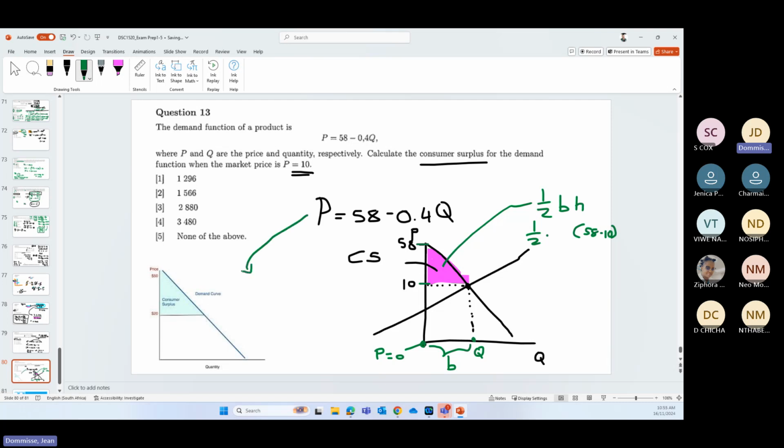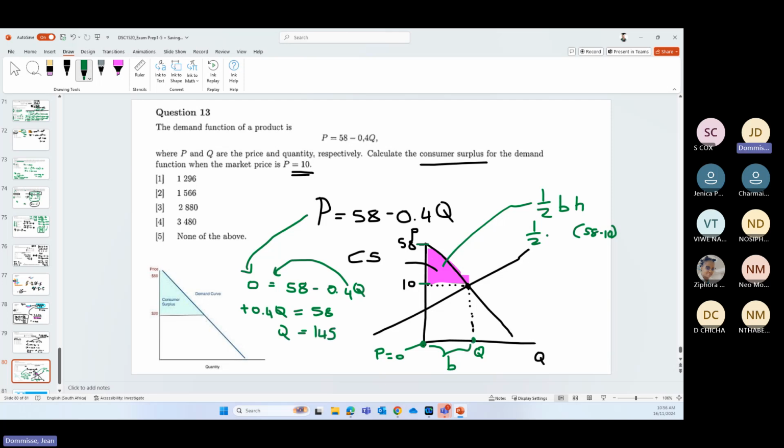We have a formula. So where P is 0, 58 minus 0.4 Q. So we'll take that over. So minus becomes positive. 0.4 Q is equal to 58. So Q is equal to 58 divided by 0.4, which is 145.